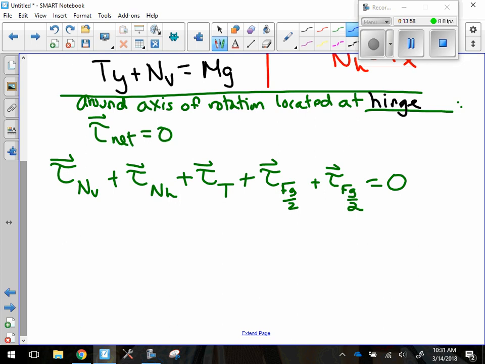And what's the formula that we use for torque right now? Okay, we can use R cross F, or probably more importantly, RF sine phi. So we can simplify this a little bit, right? What can I get rid of?